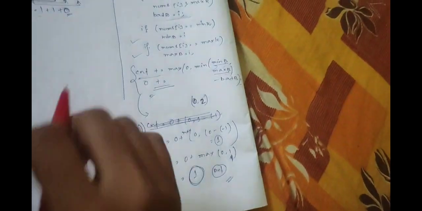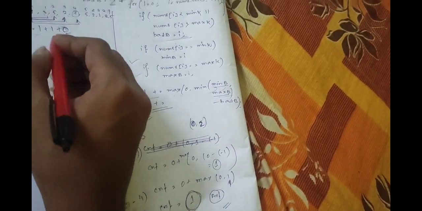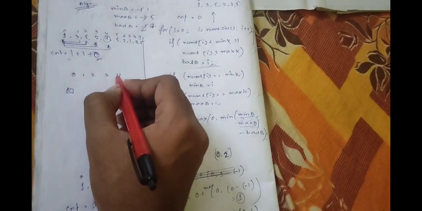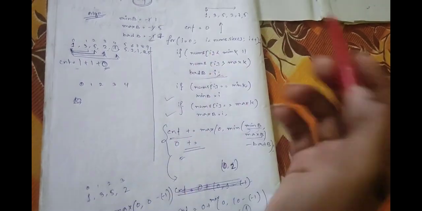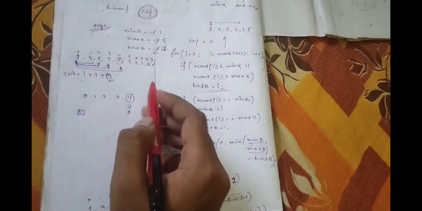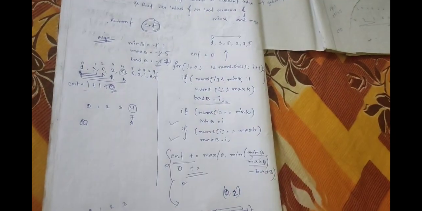Because you just check when we use the boundary 0 1 2 3 4, when the element is greater than the max, then we initialize the bad boundary with that element.